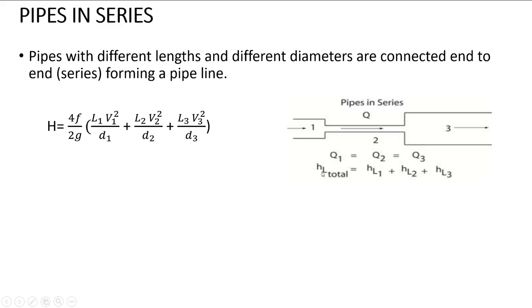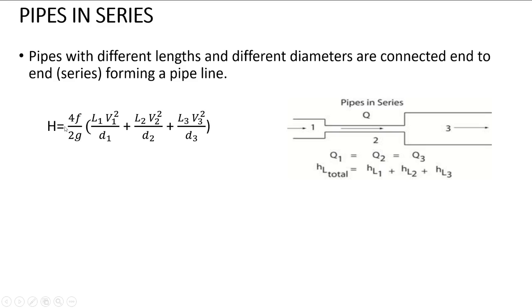Therefore, the total head loss will be H1 plus H2 plus H3. So this is the equation used to calculate the total head loss when pipes are in series.